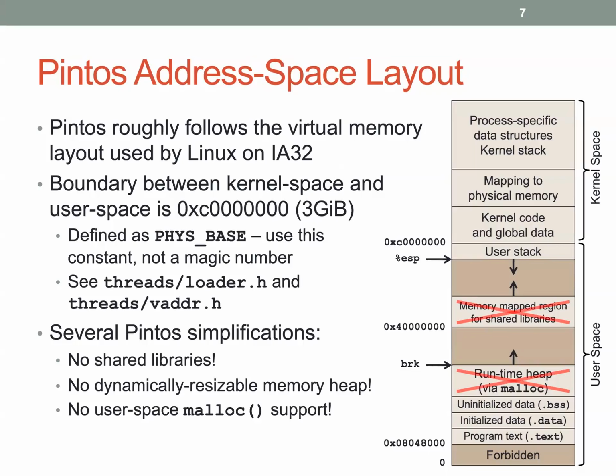Okay. There are simplifications though. You'll notice Linux supports shared libraries. Linux supports user space malloc, which means that we need some memory break. That's what this BRK thing is right here. This has to do with virtual memory. Above BRK and below the start of shared libraries, accessing in this address range should generate a seg fault. Accessing below it may be abusing the memory heap, but it isn't.